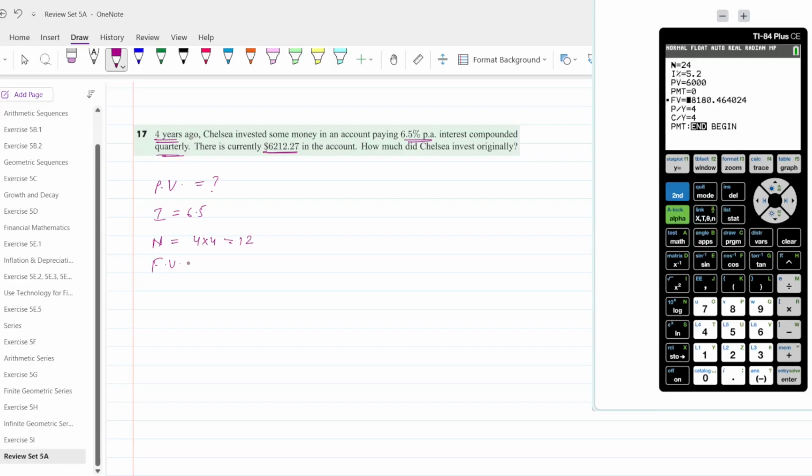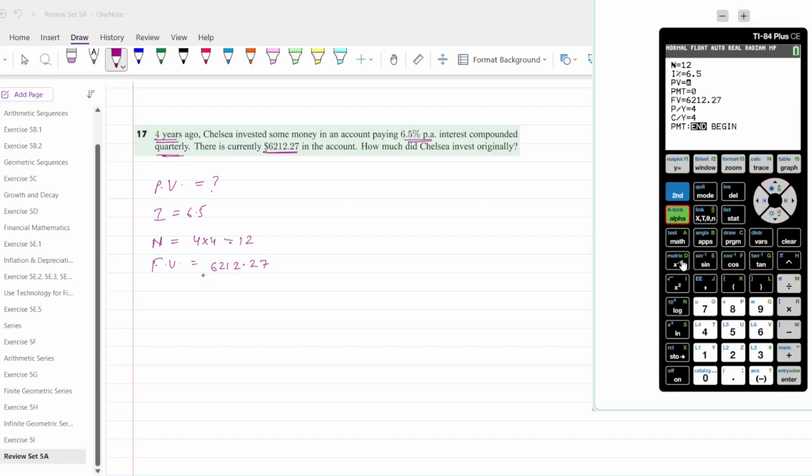and future value is 6212.27. So using the graphing calculator, n is 16, I is 6.5, present value we are supposed to calculate, PMT should be 0, future value is 6212.27, and it is compounded quarterly, so P/Y and C/Y both are going to be 4.